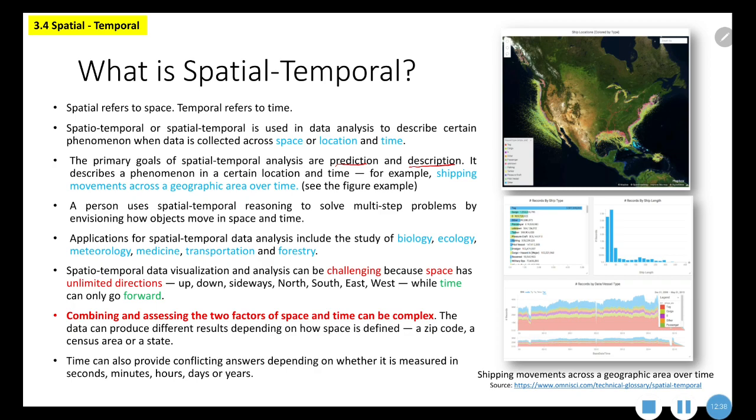Time can also provide conflicting answers, as we discussed in the previous slide, because it depends on whether it is measured in seconds, minutes, hours, days, or years. So we also have to define the context of our data in terms of the location and in terms of the dimension of time to be used for the analysis.